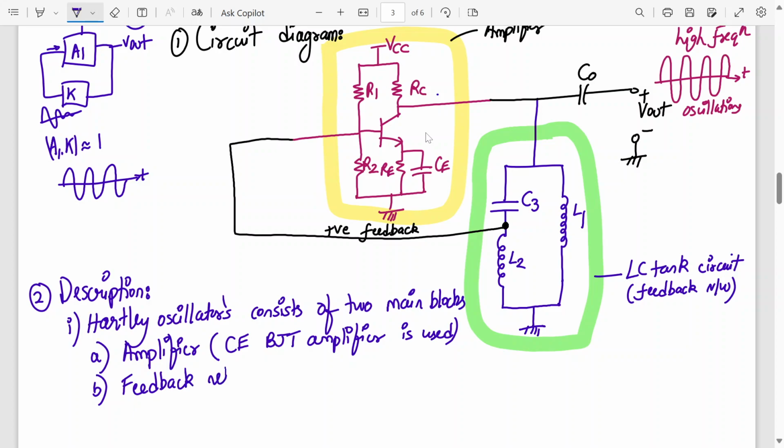Feedback network. So it is an LC tank circuit.